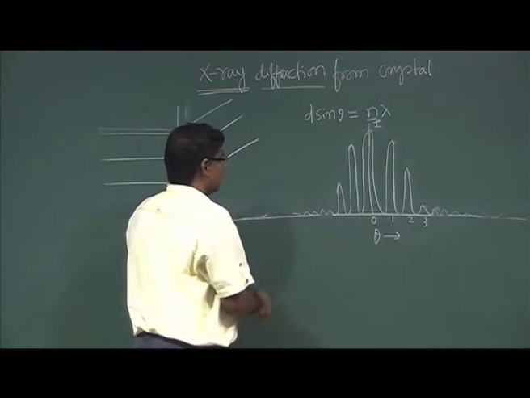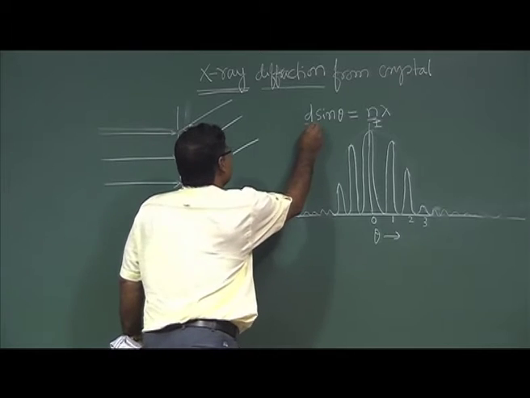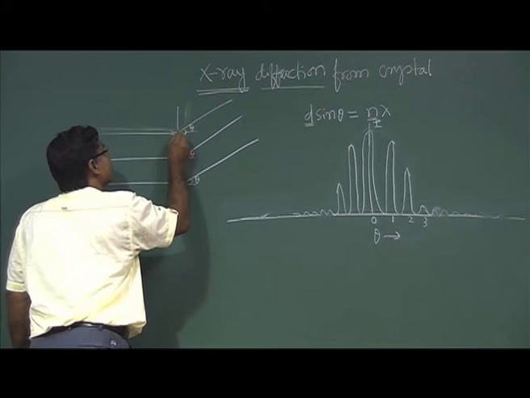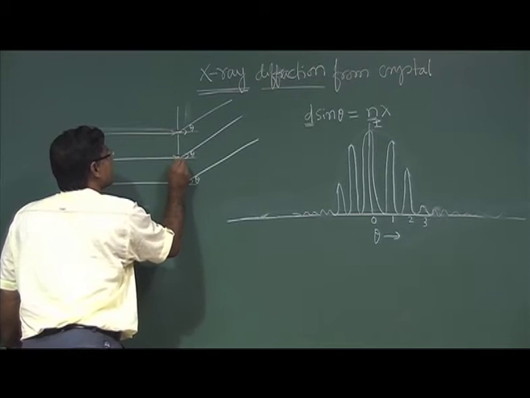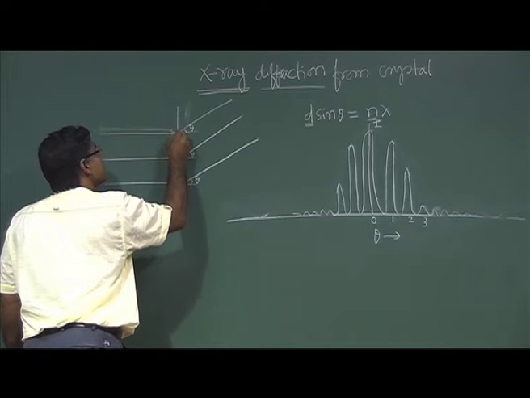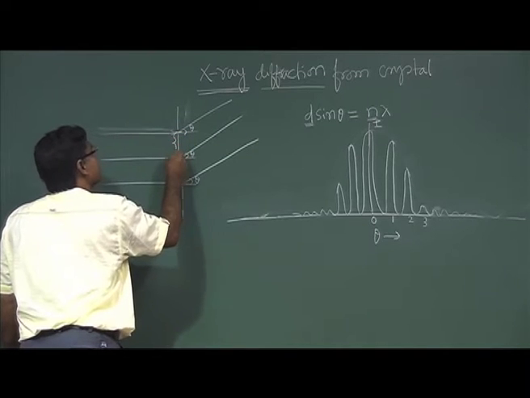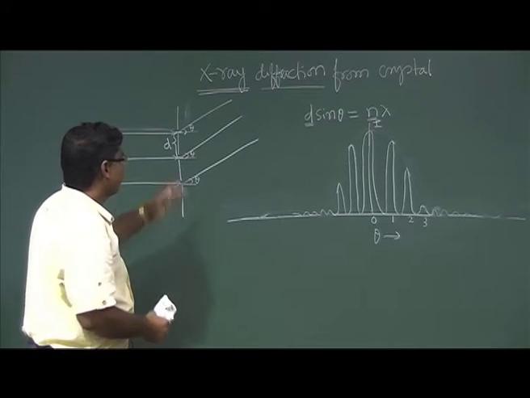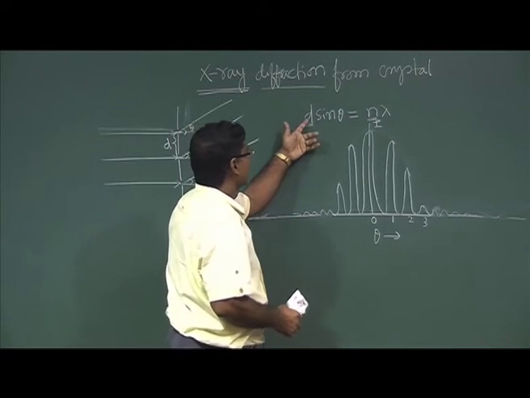So, this is the grating element. This is the middle of this and the next one. So, this distance is d, called the grating element.